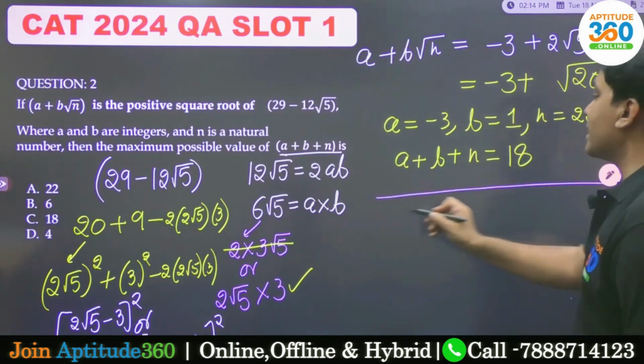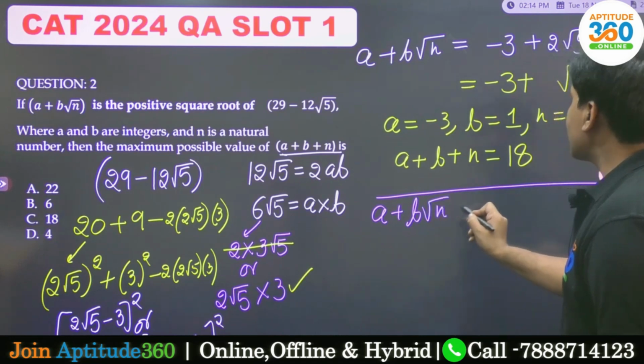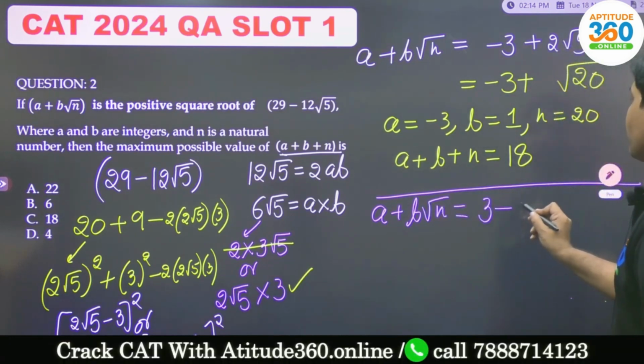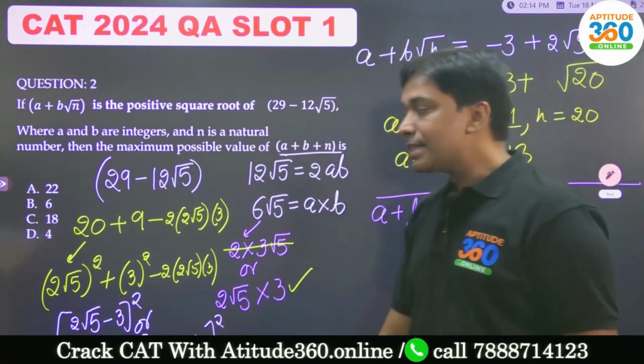What is the second option? As I said, what if a plus b under root n is taken as 3 minus 2 under root 5? That is also a possibility, 3 minus 2 under root 5, isn't it?